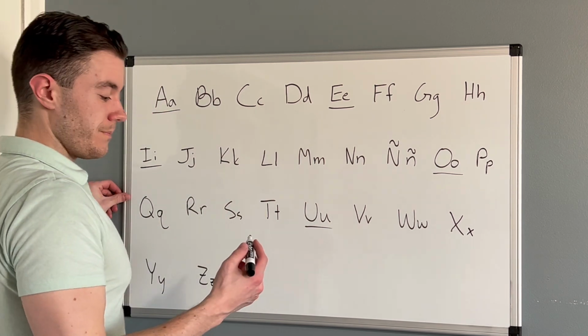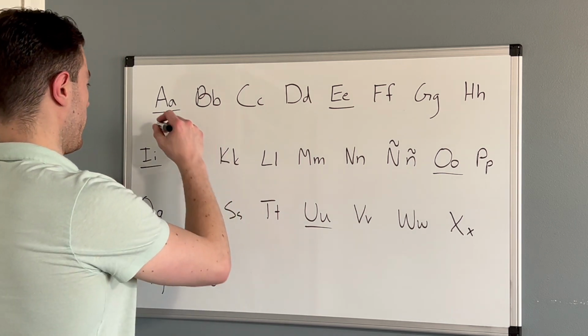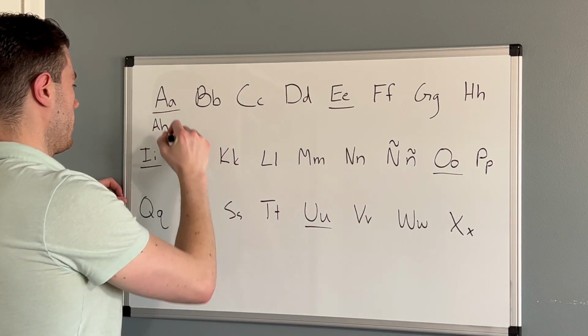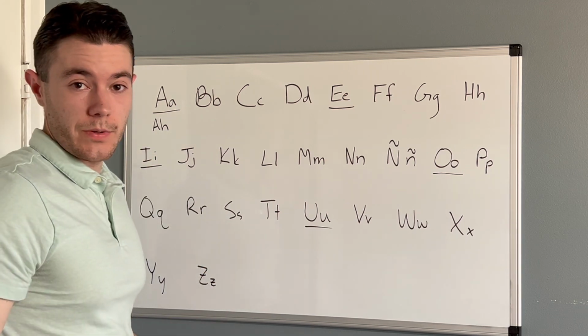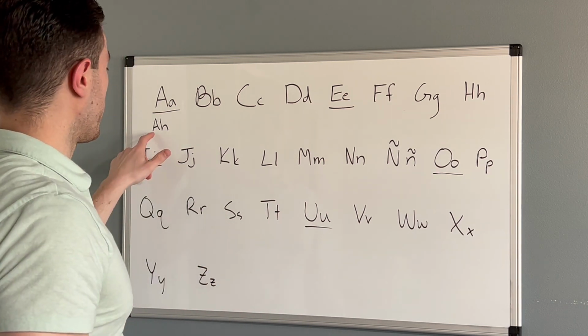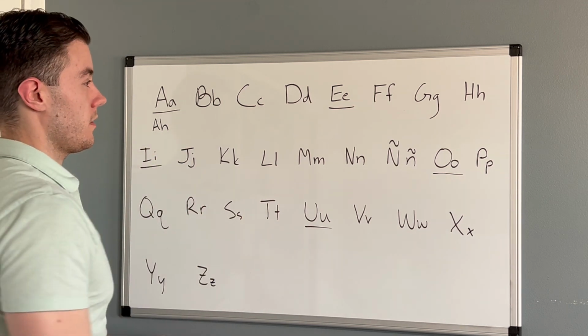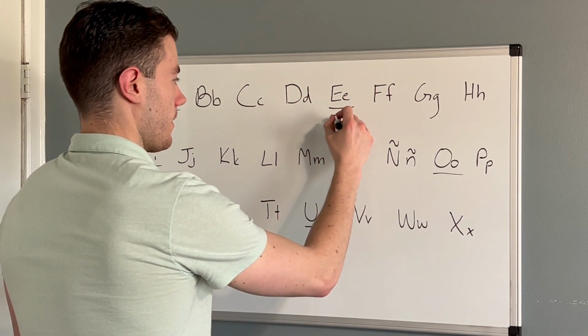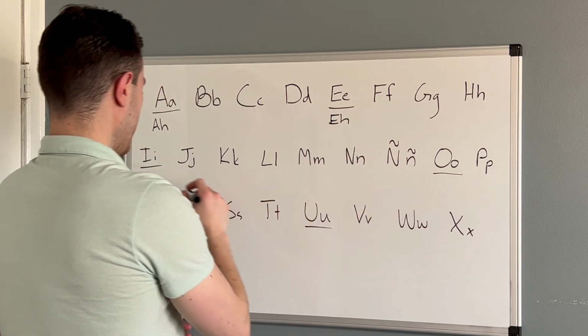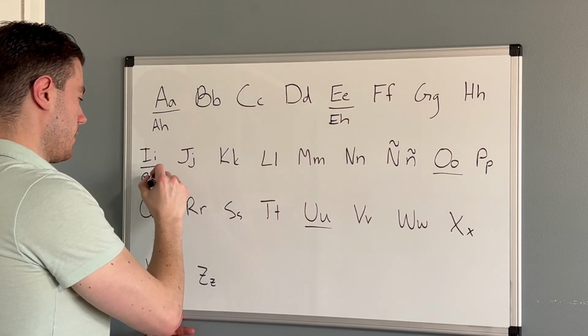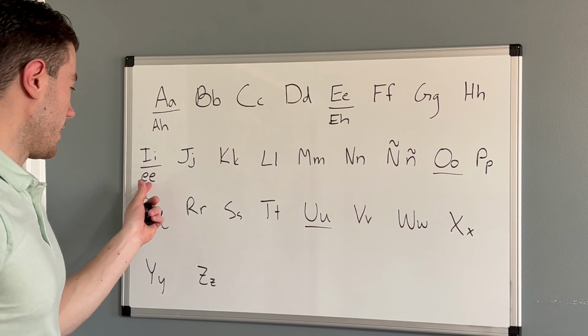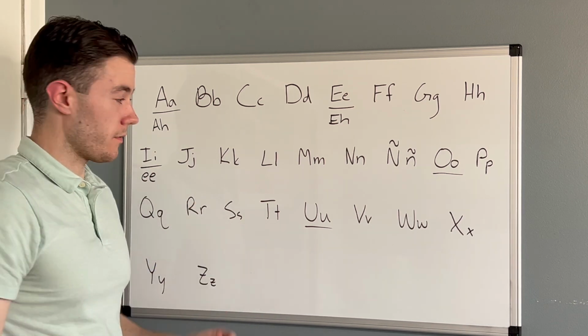So we have, I'll write them first, a. So if an English speaker were to see this, they would know that this letter is pronounced a. E, I. A lot of times in English, 2 E's like this makes a long E sound.